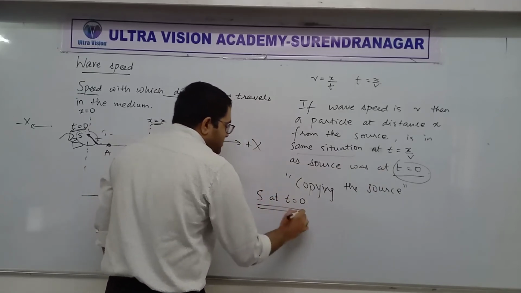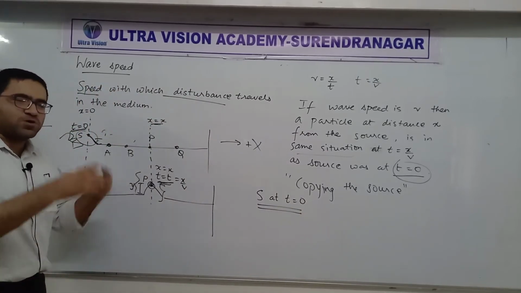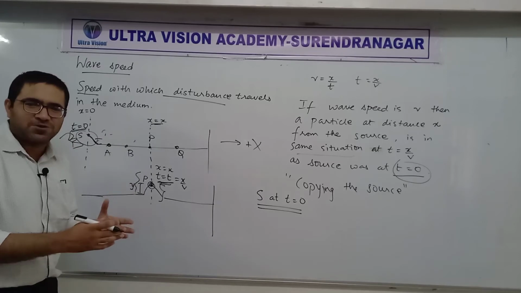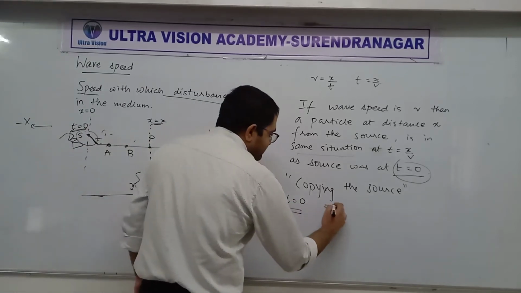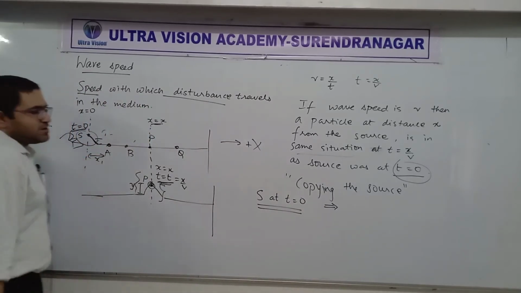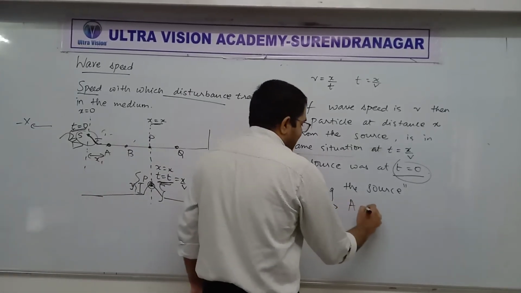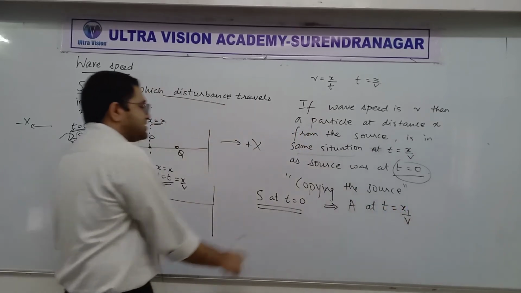So the situation of source, or motion of source, displacement of source, velocity of source, acceleration of source at t equal to 0 will be the same as that of A at time t equal to x1 upon v. Did you understand this?